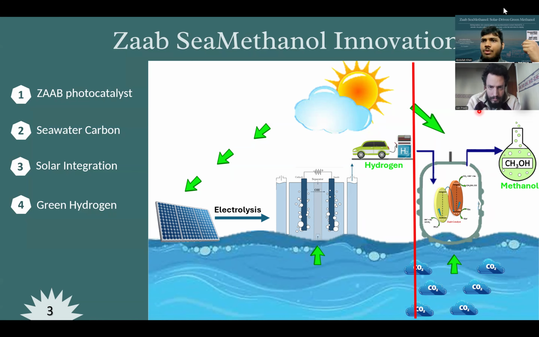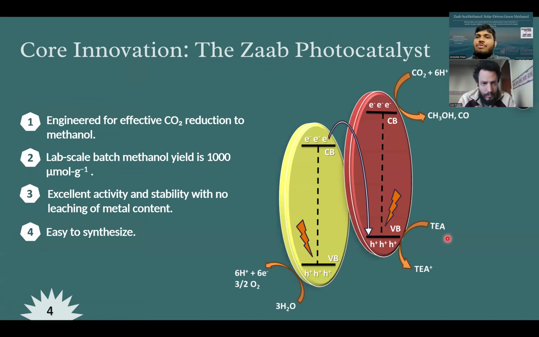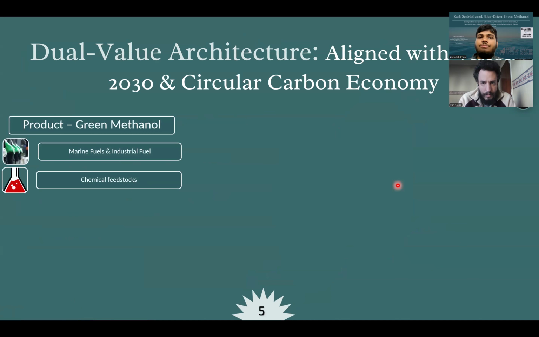And we already know about electrocatalysis. It's something further which we plan to do. For now, we are focusing on the photocatalytic technology. So this is the photocatalyst, and this is its working mechanism, which we produce by having two materials joined together using different synthesis methods.